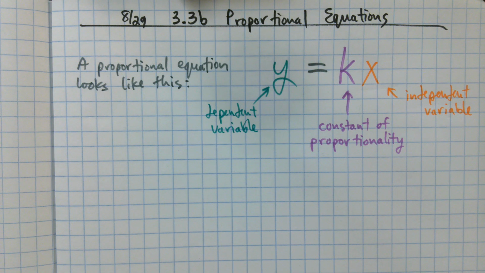Sorry. x was the number of dollars. y was the number of quarters. Like we said, $1 is 4 quarters. $2 times 4 is 8 quarters. So the number of quarters that you have depends on the number of dollars you have. The more dollars you have, the more quarters you have.